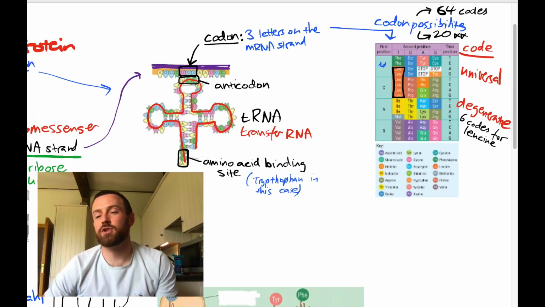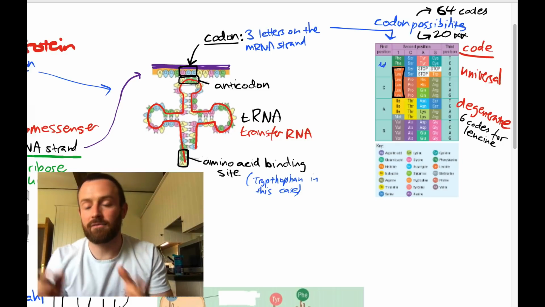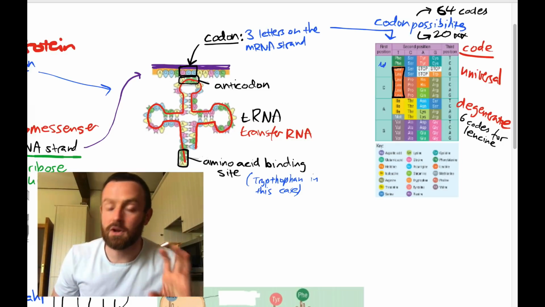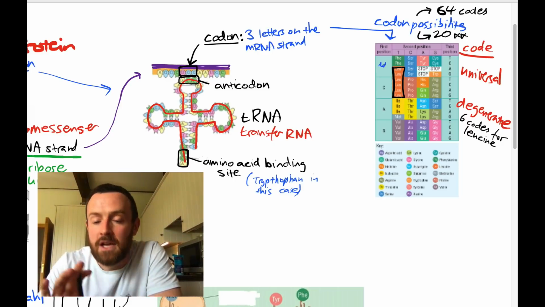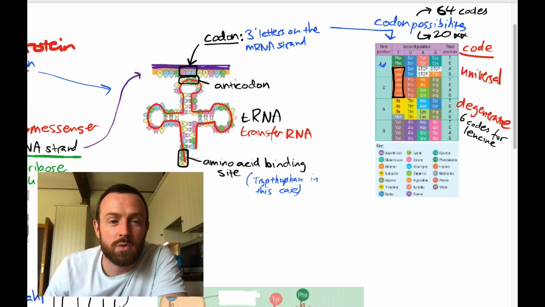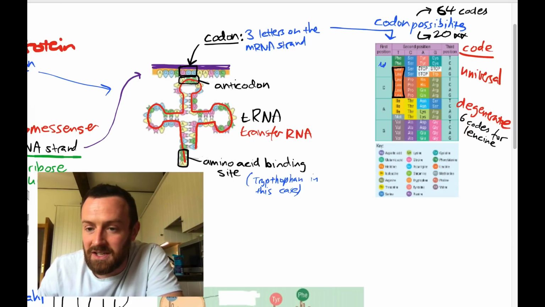So that means that, on average, each amino acid will have 3 or 4 different codes that code for it. Okay, so that's the points on the code. There are some codes which don't have an amino acid associated. These are the stop codons, these ones here. There are 3 stop codons. We're going to come to those in a minute.